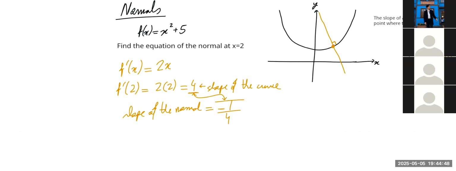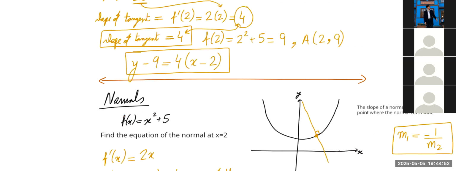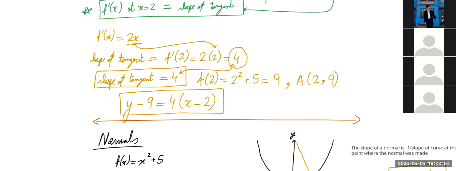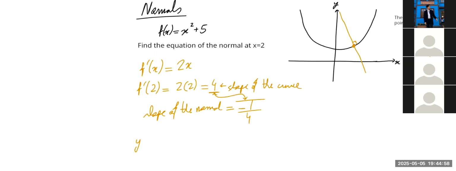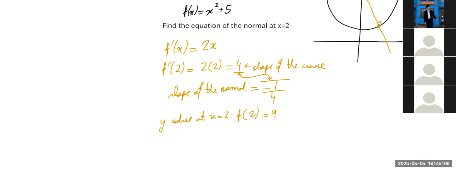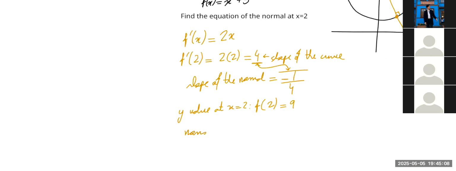Okay? So we found the slope of the normal. What's next? Everything else is the same. We need the y value of that point at x equals 2. To find the y value at x equals 2, we will plug in 2 into the main function, which will still give me 9, which means that the normal has a slope of negative 1 over 4 and passes through the point (2, 9).